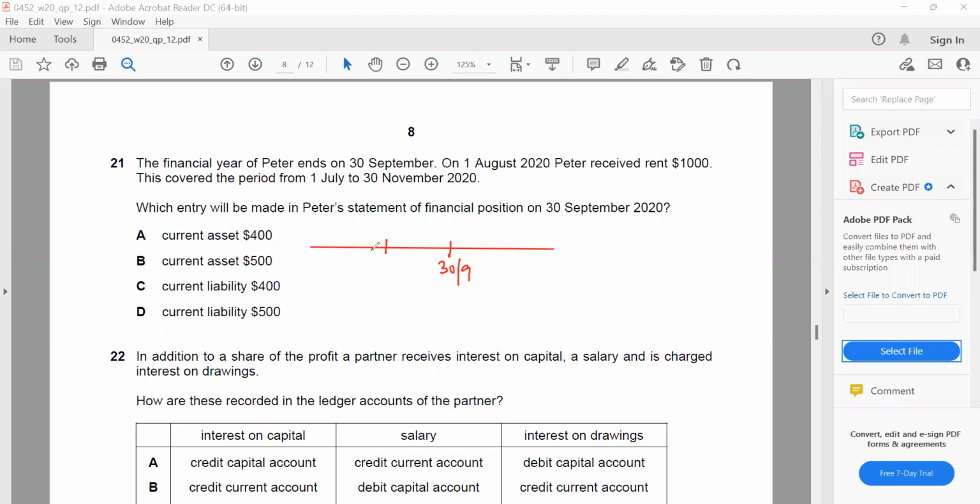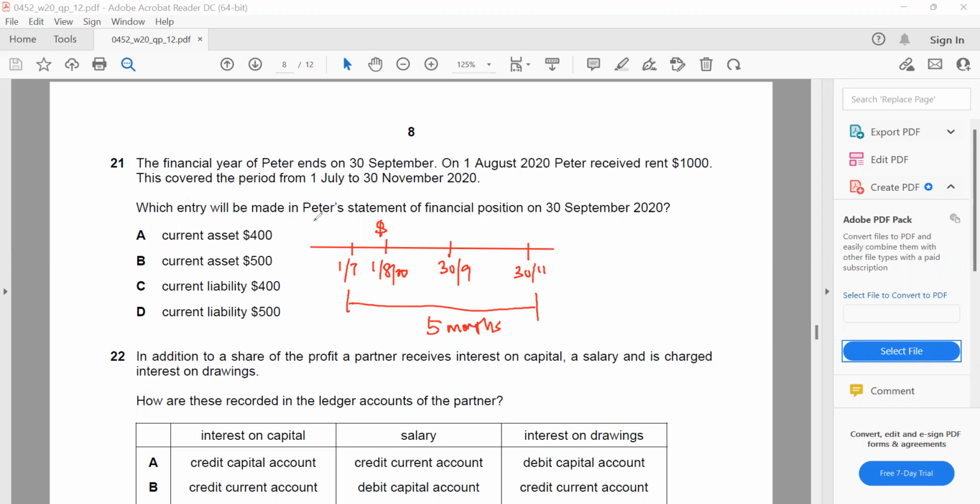On 1st August, we received the money. This covers the period from 1st July to 30th November, which is from here to here: July, August, September, October, November. Total is 5 months.